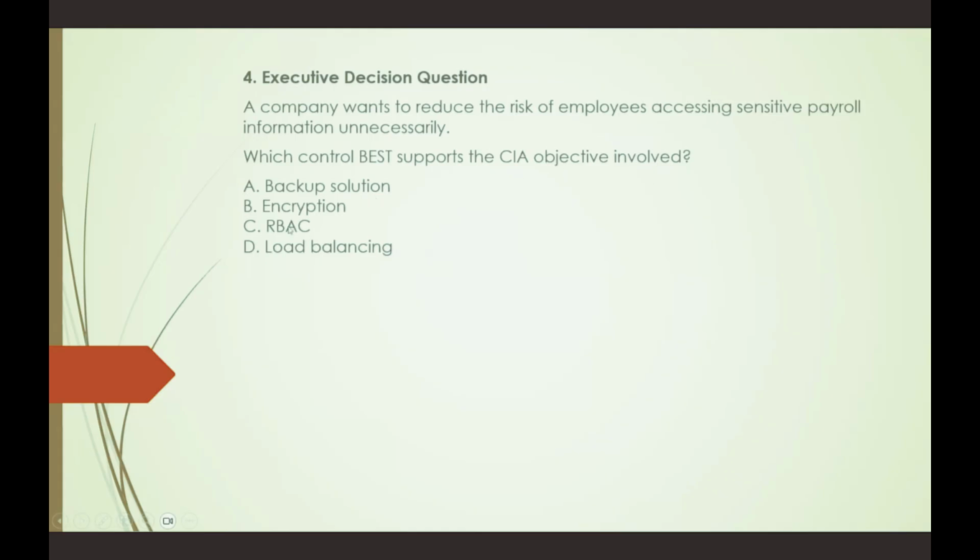Backup solution, encryption, role-based access control, load balancing. There is nothing about a backup solution here or encryption. And load balancing happens when a server is not able to perform huge transactions and it has to be balanced between a couple of servers.